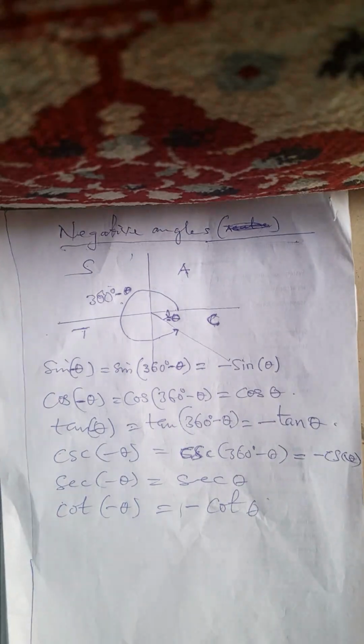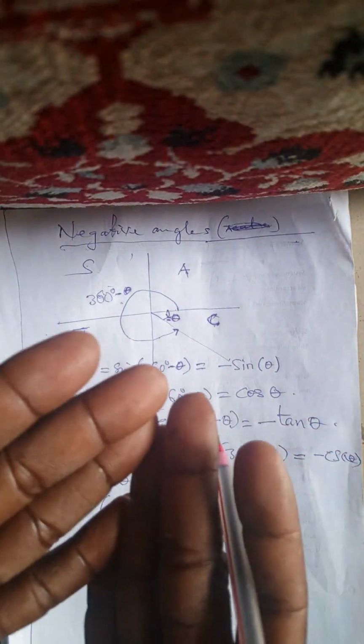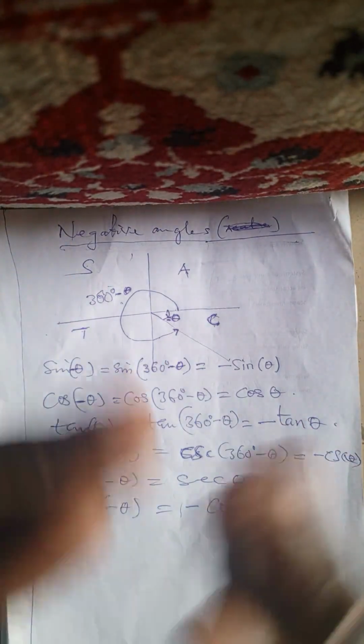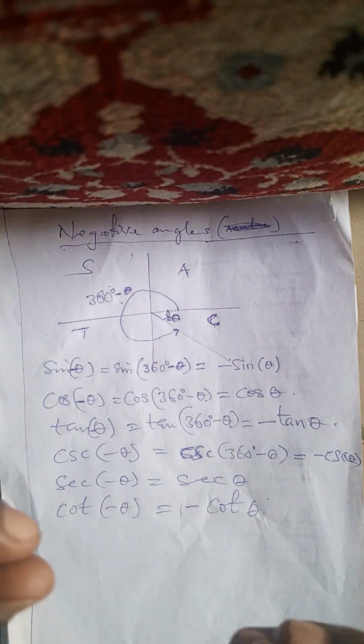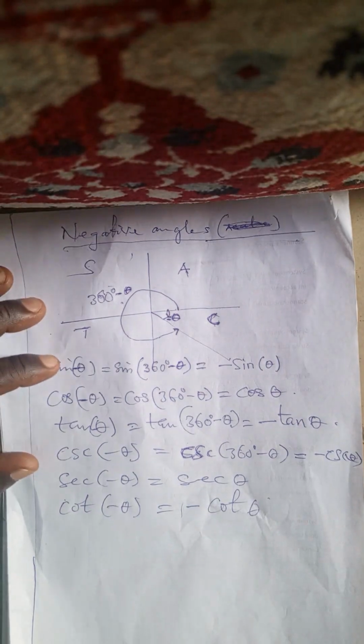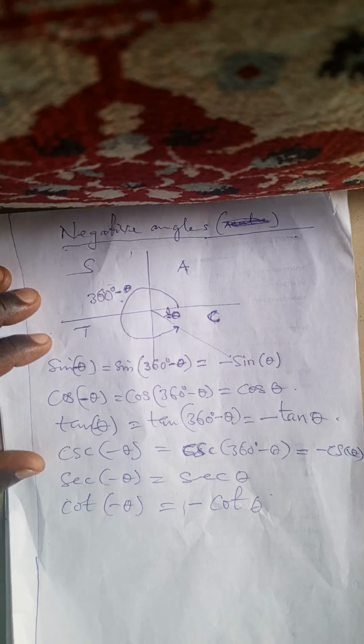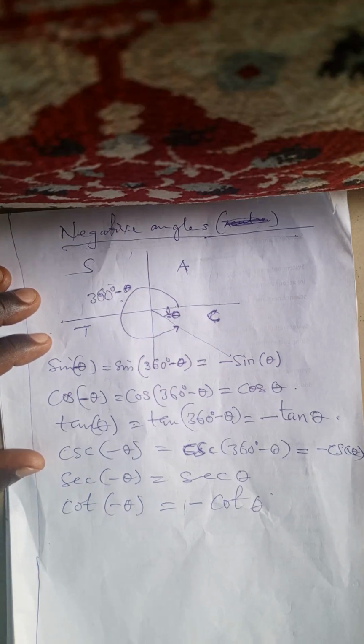So if you view these functions as being even or odd, you see sine theta is an odd function, and therefore it allows the negative to pass through it. And then cosine is an even function, so it does not allow the negative to pass through it.